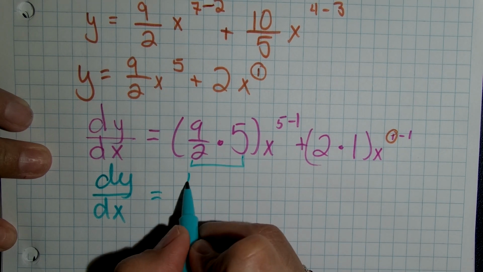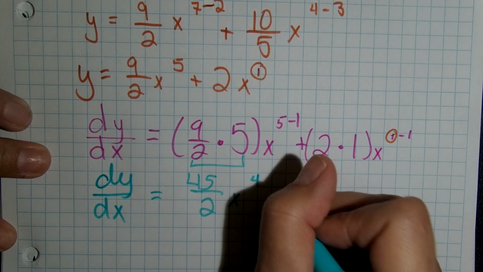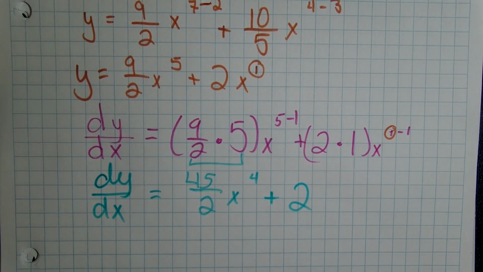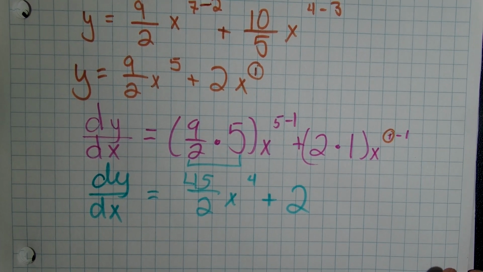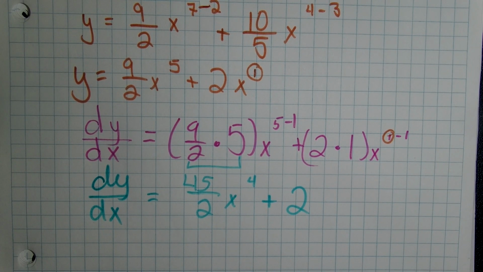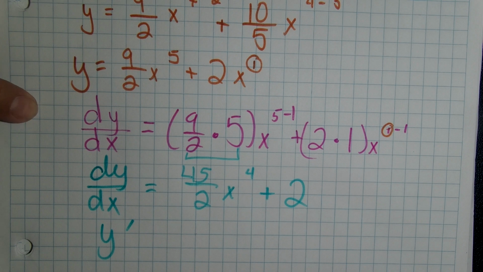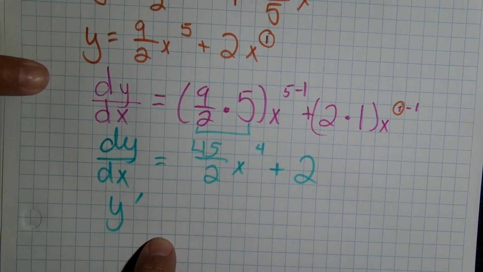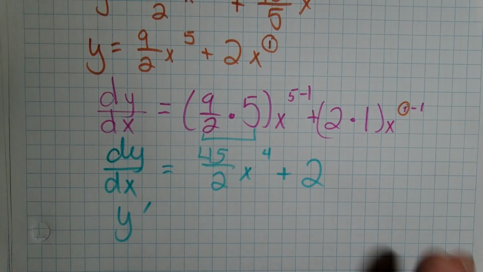Multiply this, that gives me 45 over 2 x to the 4th plus 2. You can also use y prime. That's fine. But you cannot use f prime of x because this is not a function, it's an equation. Okay?